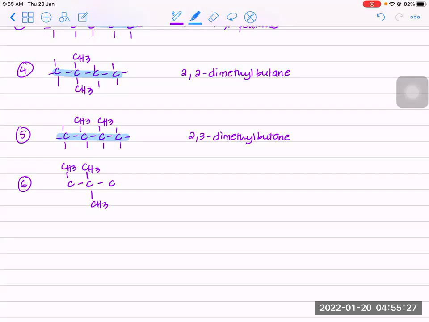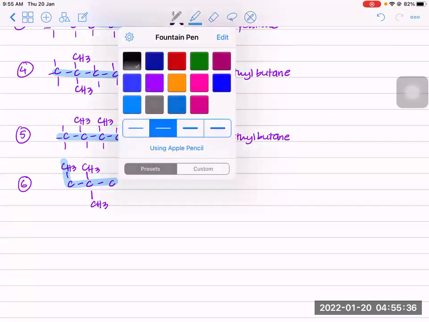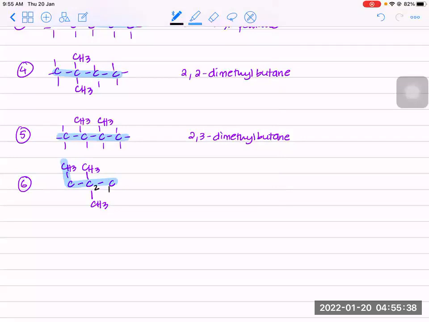I told you it can't go on terminals. When it goes on terminals, the main chain is now 4 carbons. It's a butane. On carbon number 2, you have 2 methyls. This is 2,2-dimethylbutane. Clear? So you have no other possibility here.